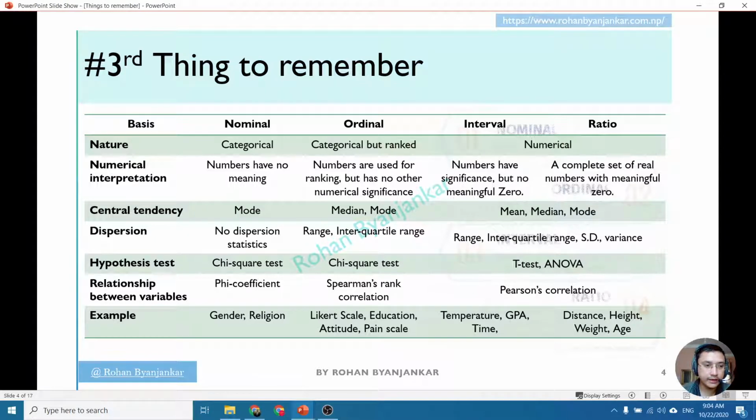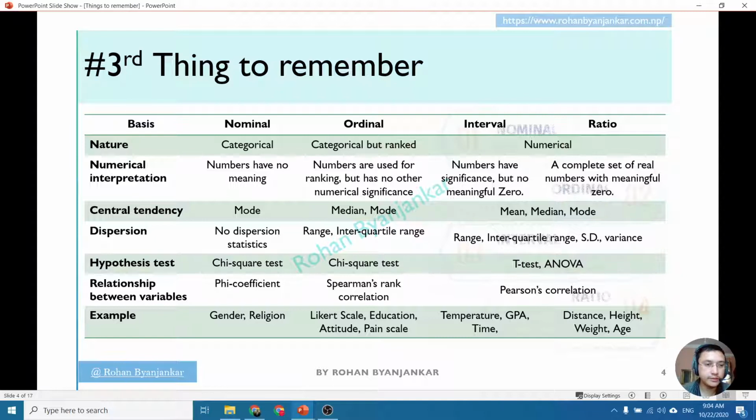For nominal, I can perform mode. For ordinal, I can perform median and mode. For interval, I can perform median, mean, and mode. And for the case of nature, I have already told in the previous slide. And for the numerical interpretation, it is also in the previous slide.